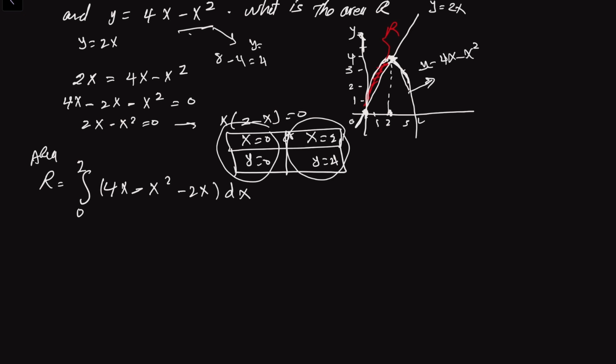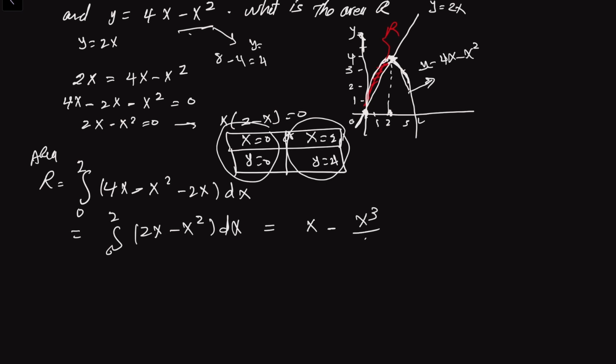Okay, let's simplify this. So equals the integral from 0 to 2 of 4x minus 2x, that's 2x, minus x squared dx, which is equal to, what's the integration of 2x? It's x squared, 2x squared over 2 which is going to be x squared, minus, what's the integration of x squared?